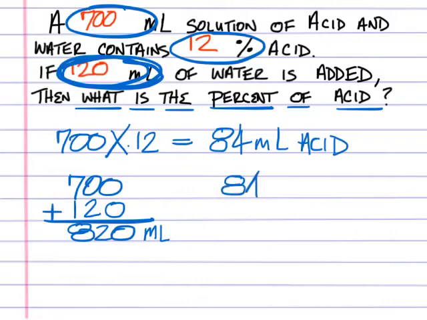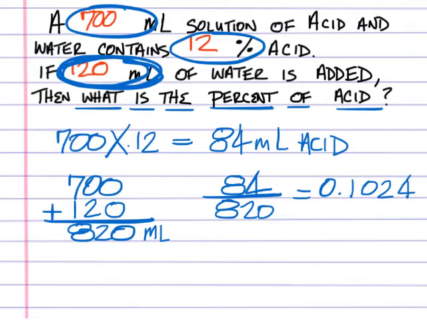So here's how many milliliters of acid you have. Divide that by 820. 84 divided by 820 comes out to be 0.1024 and on out. Leave that in your calculator and multiply it by 100. When you do that, you should come back with 10% rounded to the nearest percent.